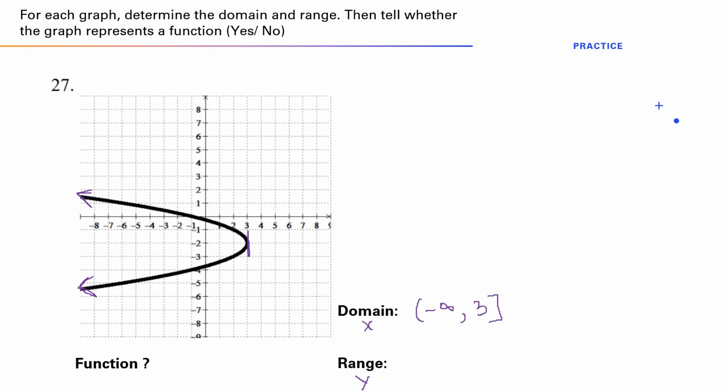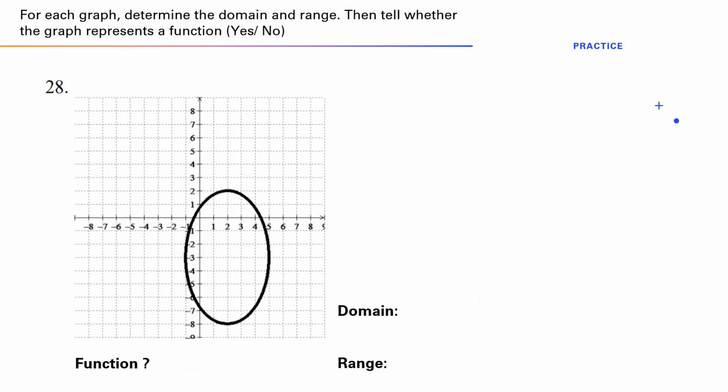Now for the y, when you go down, you don't know where the endpoint is, so that will be negative infinity. And then comma. Now this one you go up, up. You may go up forever, so positive infinity. That one is the parenthesis. Now we're checking for the vertical line test. It crosses 2, right? Twice. Okay, so this one should be no. It's not a function.